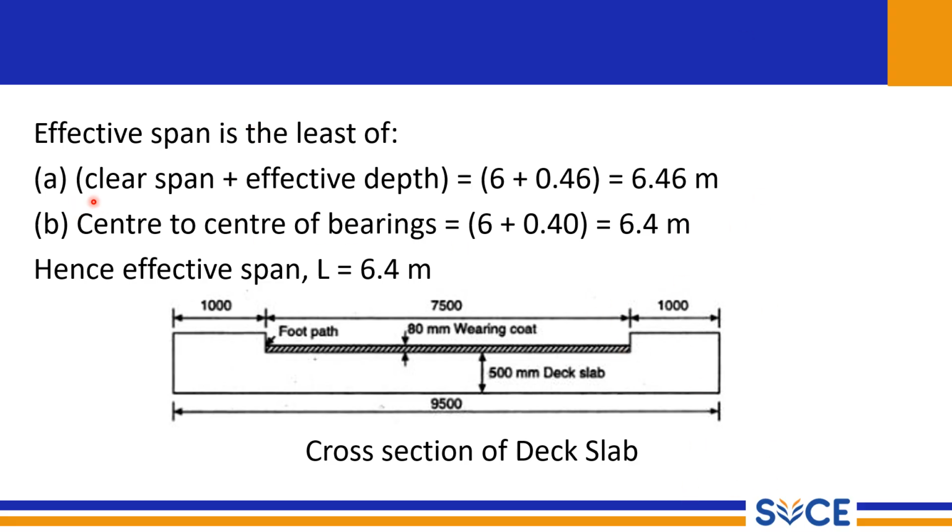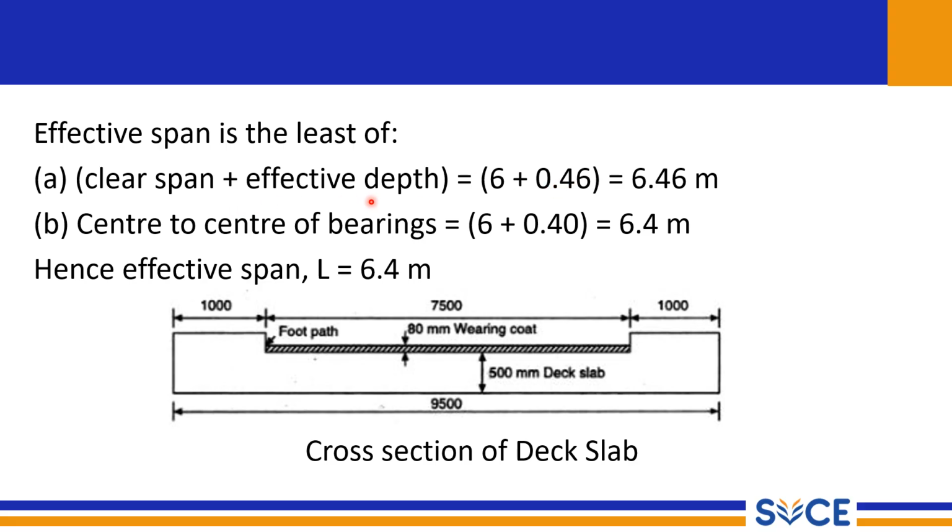The effective span is equal to the clear span plus effective depth, or the center to center of the bearings. Since we know the width of the bearing is 400 mm on either side, it is the clear span 6 meters plus the overall thickness of the slab, assumed to be 500 mm, so the effective depth is considered to be 460 mm.